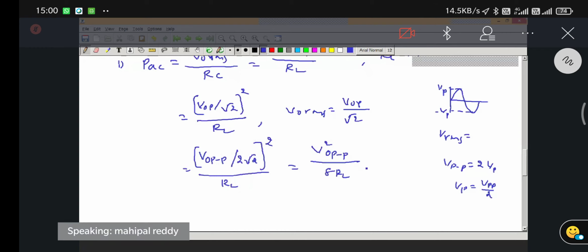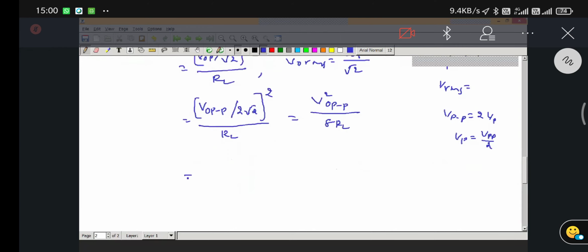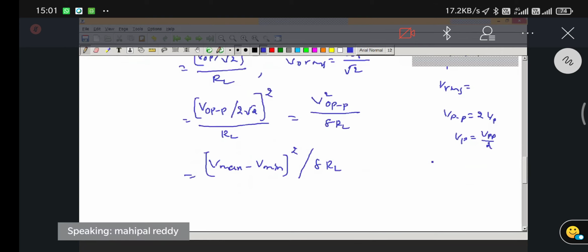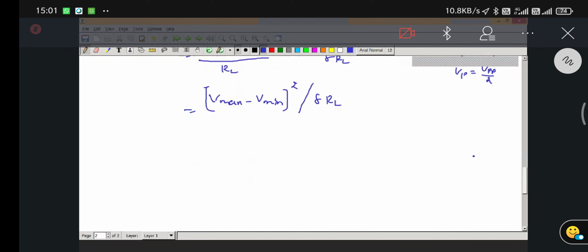So this is the AC power output calculation here. I'm writing one more: the peak to peak value is simply V maximum minus V minimum. So V maximum minus V minimum whole square by 8 times RL. This is the output AC power.